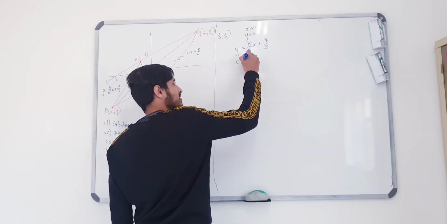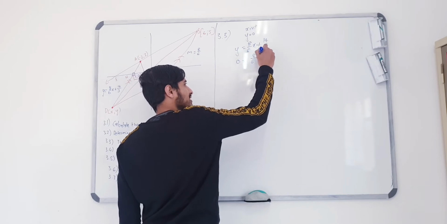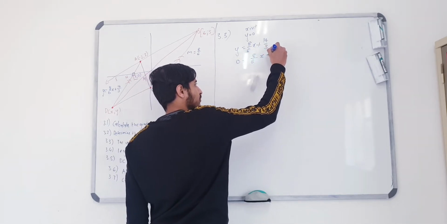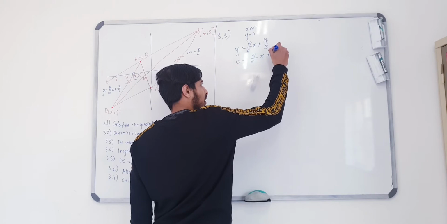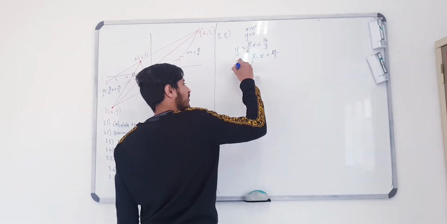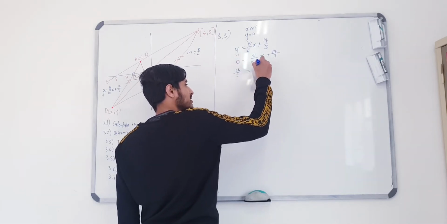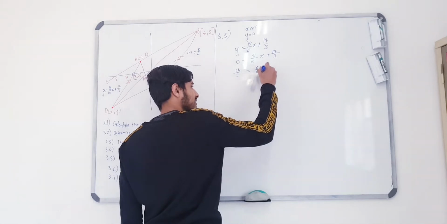Now, remember y must be 0, so it must be 8 over 6 x plus 14 over 3. Take it over, it becomes 14 over 3 is equal to 8 over 6 x.